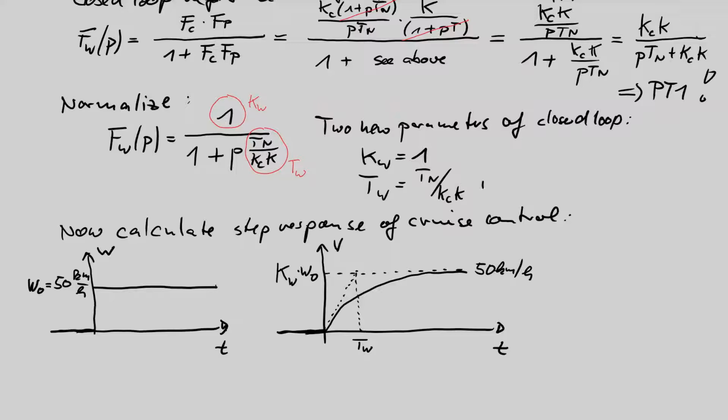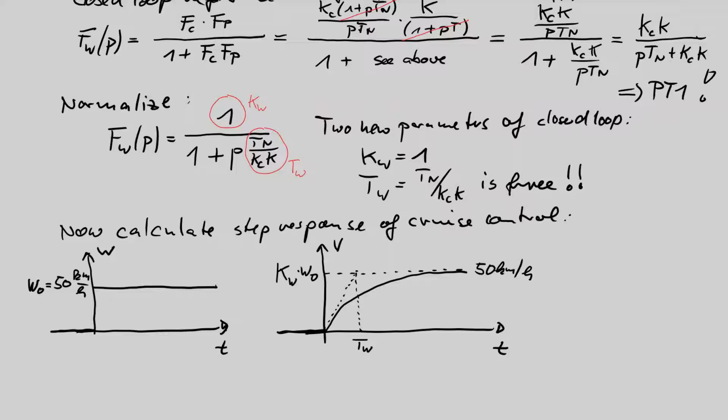So TW is 3. You have a free choice because Kc is free. Kc is nothing else than a gain factor in our operational amplifier circuit. That is a ratio of two resistances, so we can have any value without any problem.